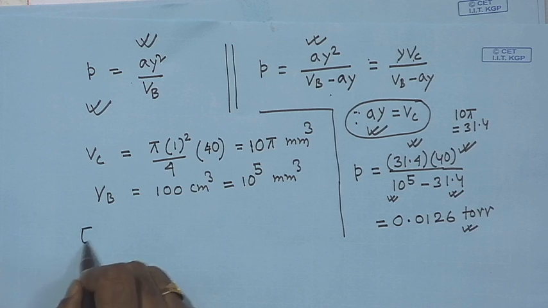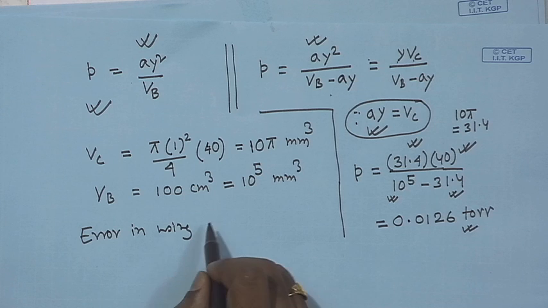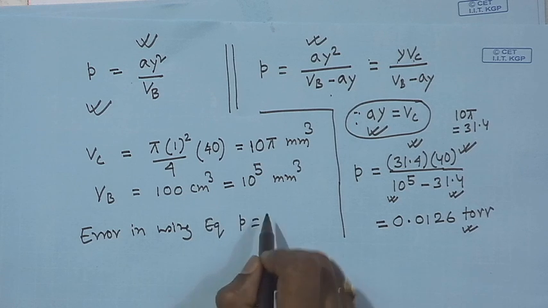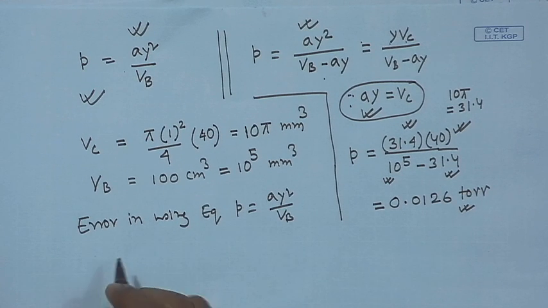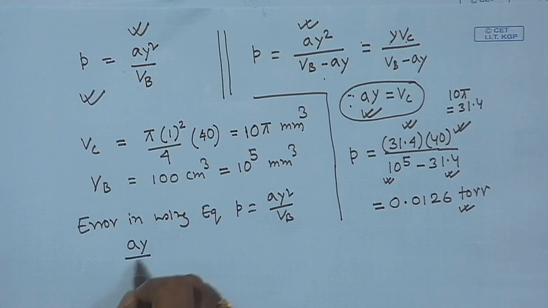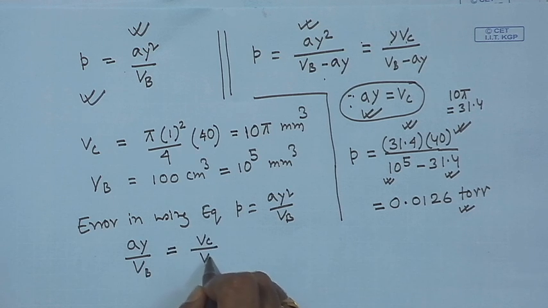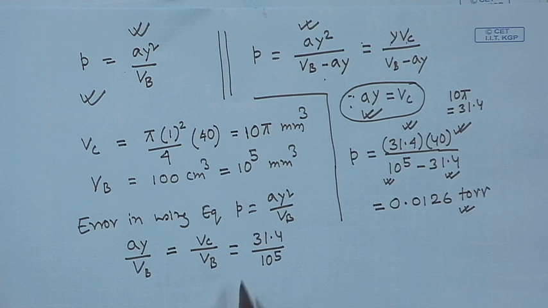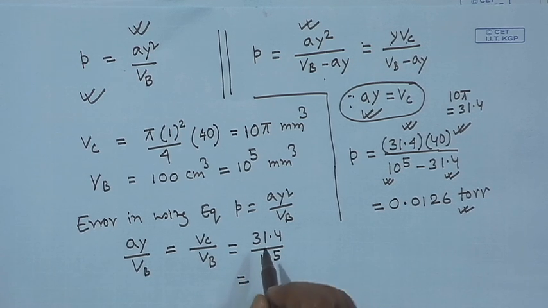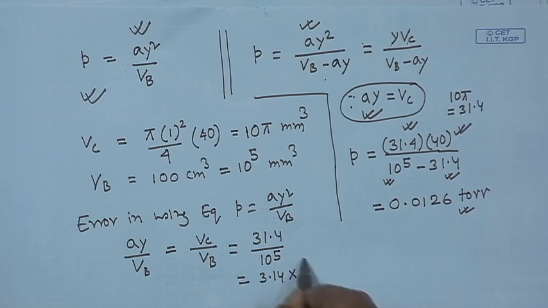In fact, the error in using the equation P equal to A y square by V v will be, because A y equal to V c, which is 3.14 into 10 to the power minus 4.